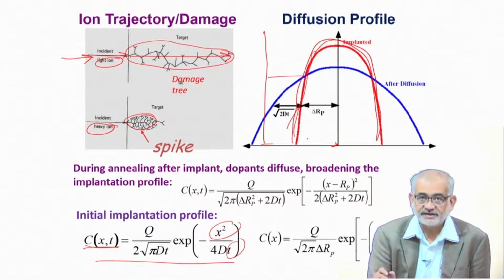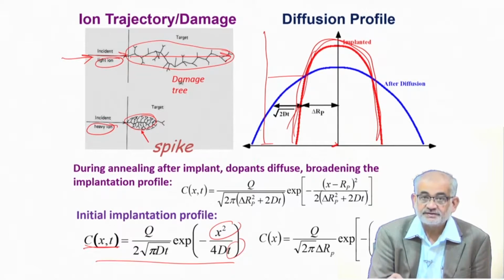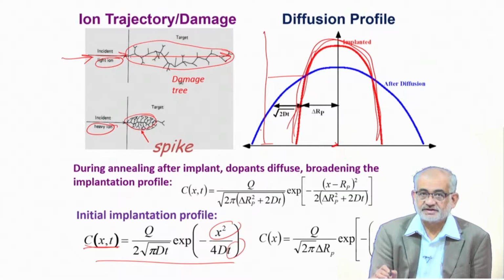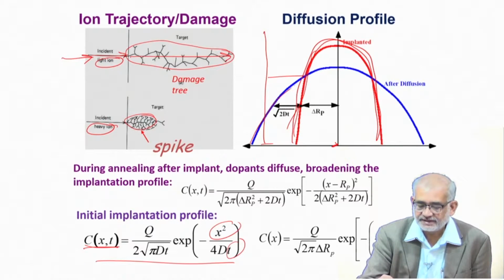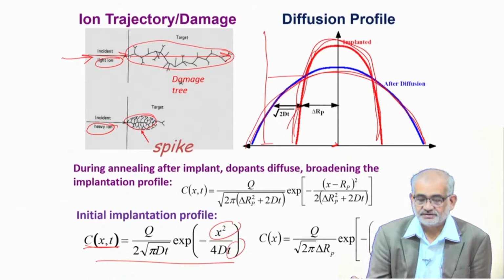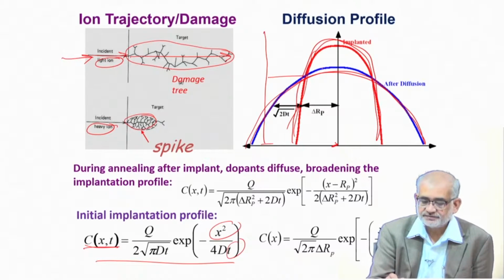So in order to avoid that, you would like to create a rather more stable structure, and for that you subject it to some thermally activated process of annealing after implantation, so post-implantation annealing. And after annealing, you develop a profile which would be shallower and broader.